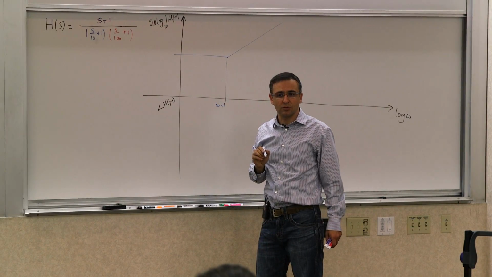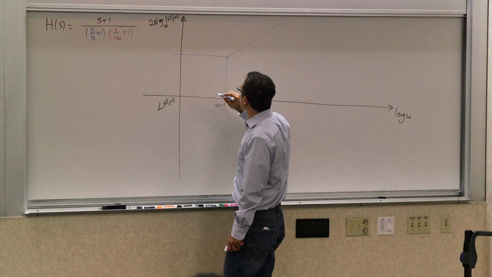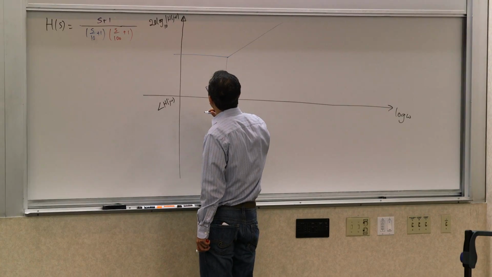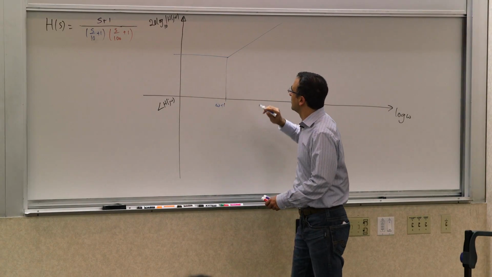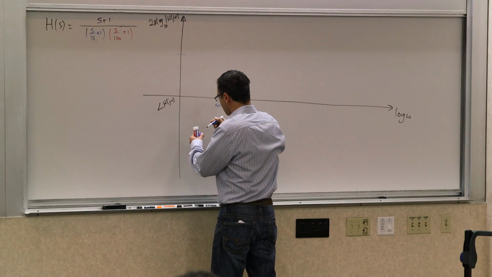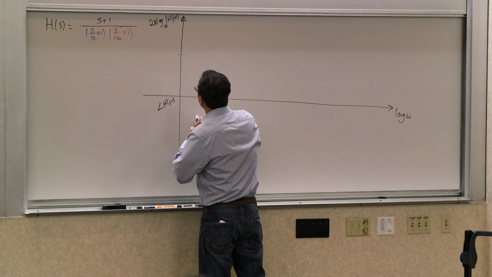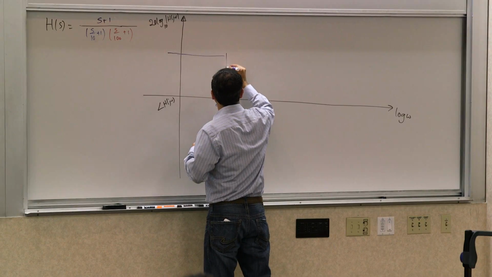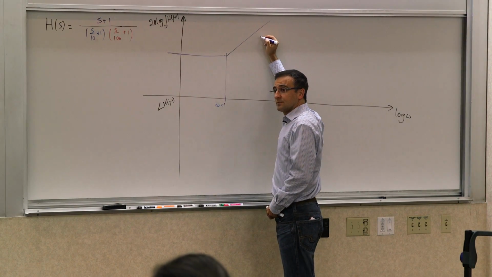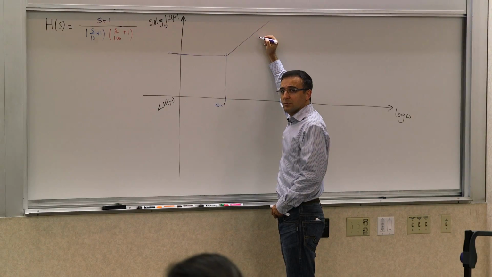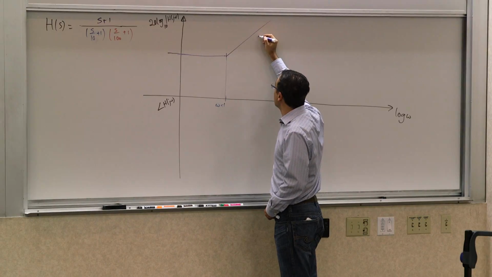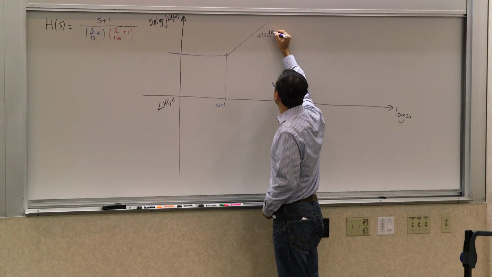So these are the two asymptotes, right? That's what we had here. And then what else do we have? Except for the fact that I used the wrong color. And what is the slope? Plus 20 dB per decade.